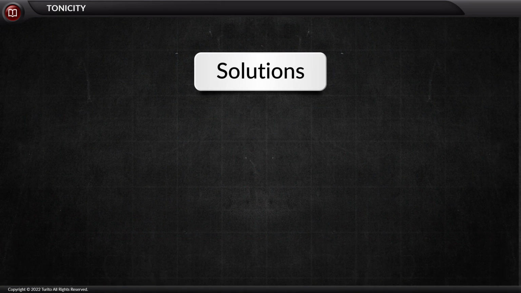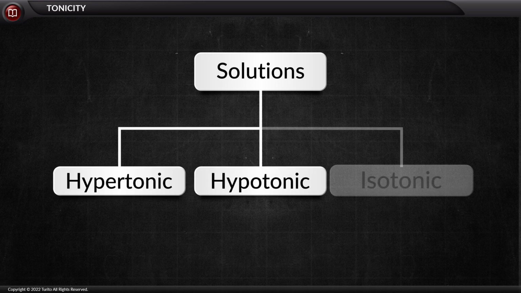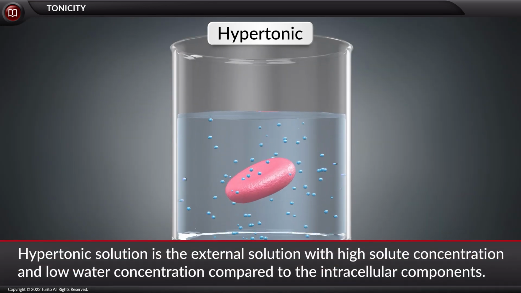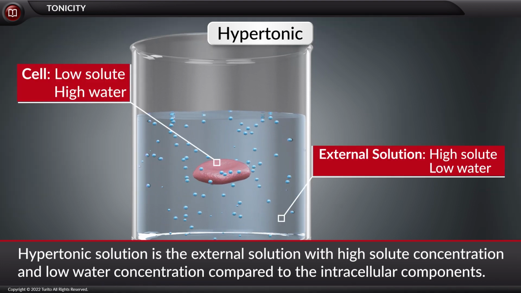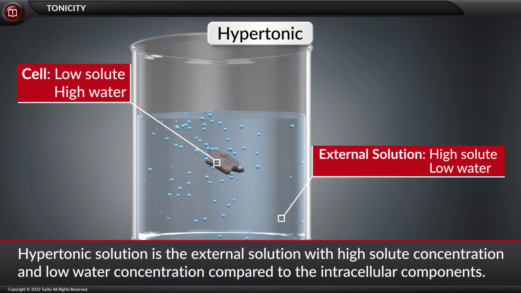Based on solute concentrations, solutions are of three types: hypertonic solution, hypotonic solution, and isotonic solution. A hypertonic solution is any external solution that has a high solute concentration and low water concentration compared to the intracellular components.